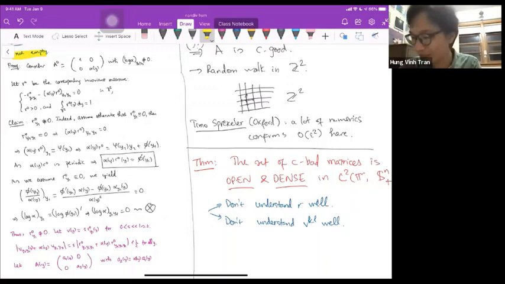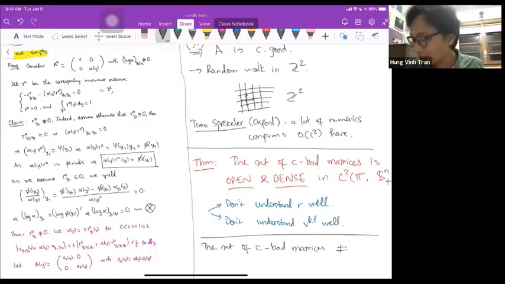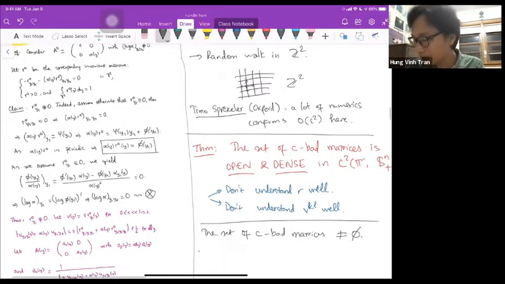So we first show that the set of C-bad matrices is not empty. We first start with A naught, which is nice enough, but not too nice.